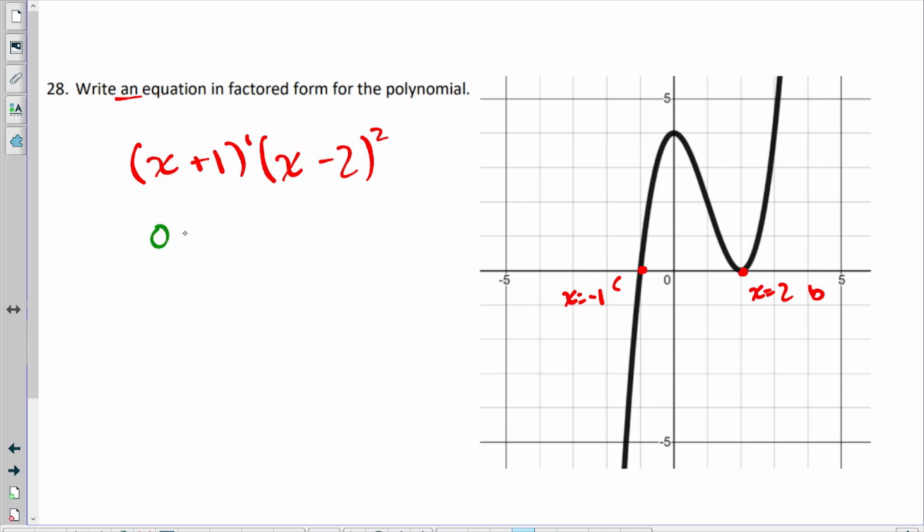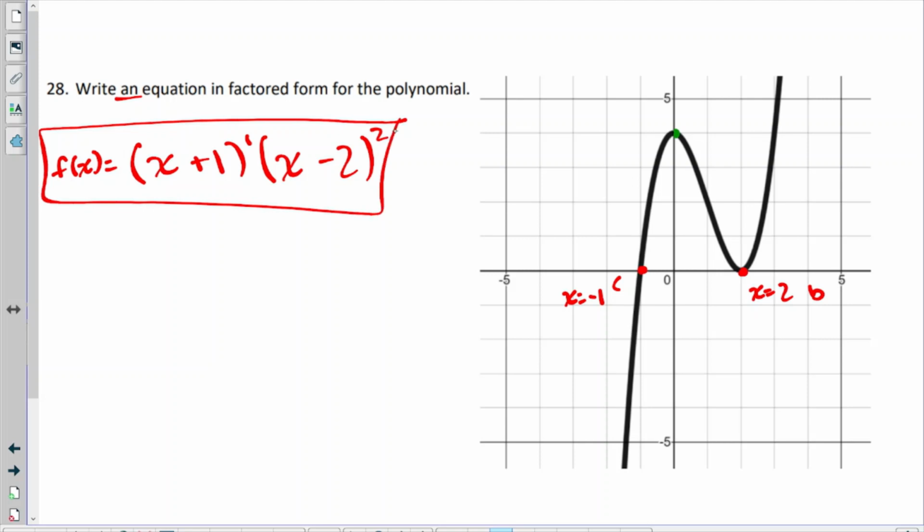If I plug in x equals 0, I'll just get 1 times negative 2 squared, which is 4, which is this point. So I think this is not only an equation, but the exact equation of this line, which is pretty dang good. Okay. So there you go. Use the zeros to figure out what you put in the parentheses, and then use the fact of whether they cross or bounce to make their exponent or their multiplicity.